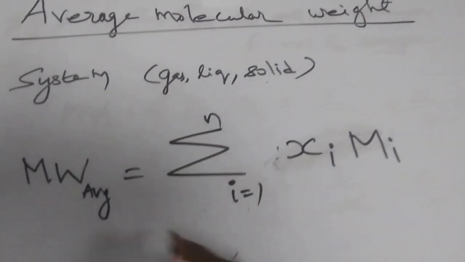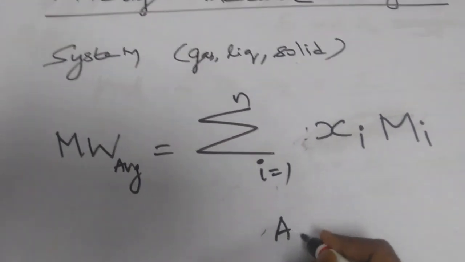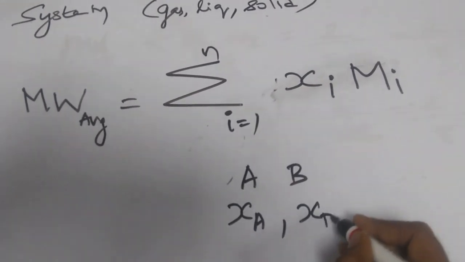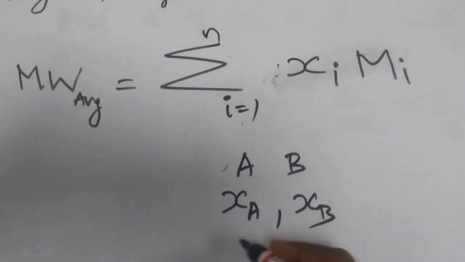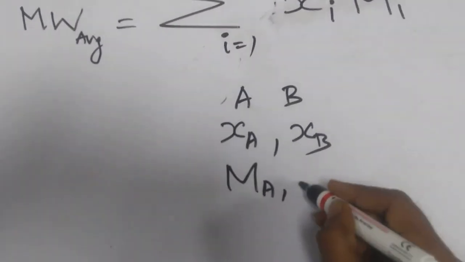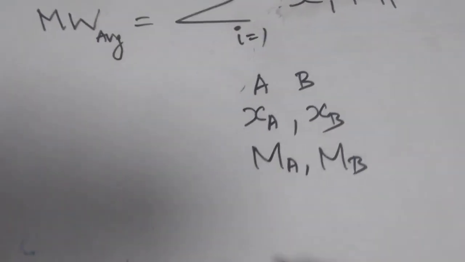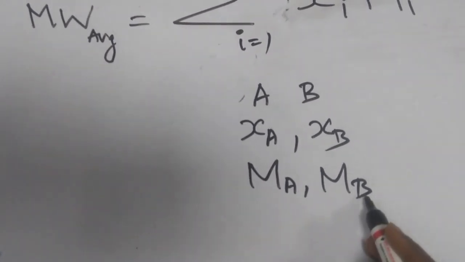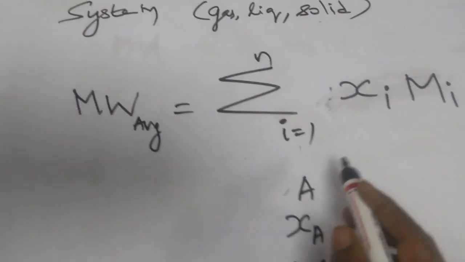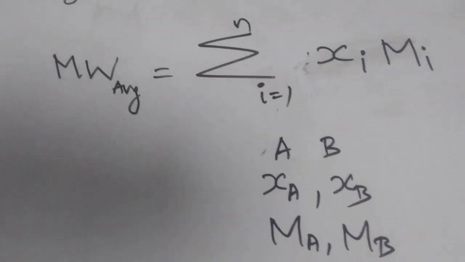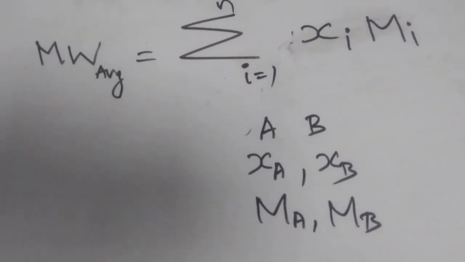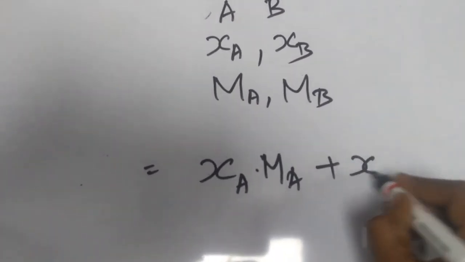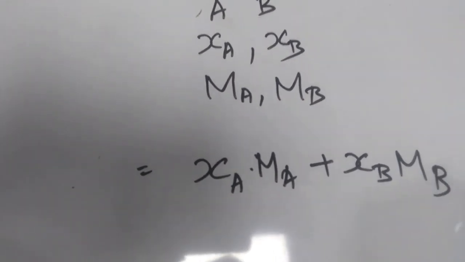Let me say for a binary system, let there be A and B. Let XA be the mole fraction of A and XB the mole fraction of B. The molecular weight of A is MA and the molecular weight of B is MB. Then the average molecular weight is the algebraic sum, XA into MA plus XB into MB, for a binary system.